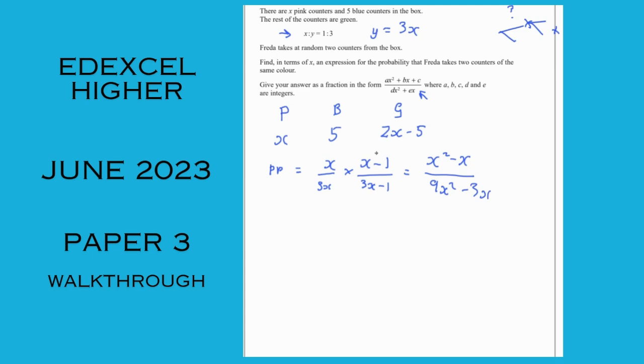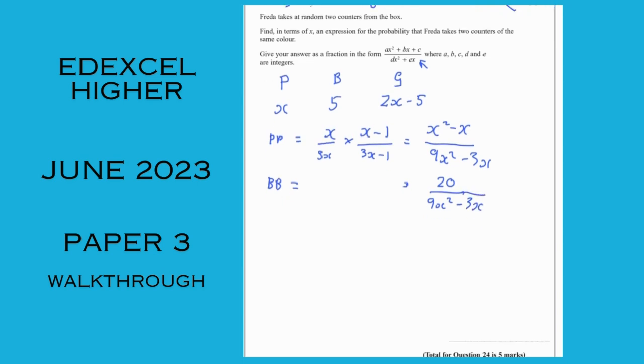We now move on to the easier bit. Blue, blue. That'll be 5 on top, and the second bit will be 4 on top. Or in other words, 20 on top. 5 times 4. And again, the denominator isn't changing.